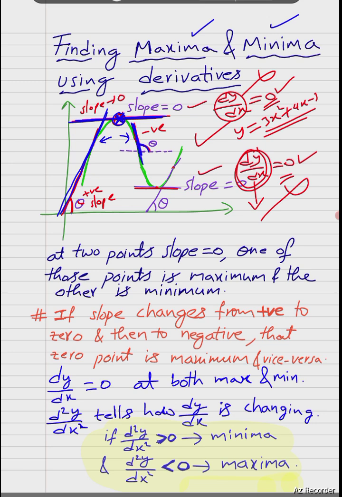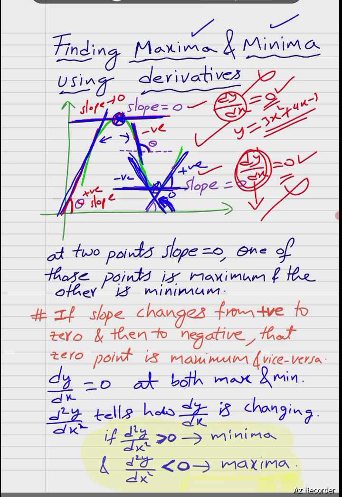Now coming to the minimum point. Before this minimum point, the slope is negative. See, obtuse angle means the slope is negative. At this minimum point, the slope is 0. After this point, the slope is positive. So it is changing from negative, 0, and then positive.